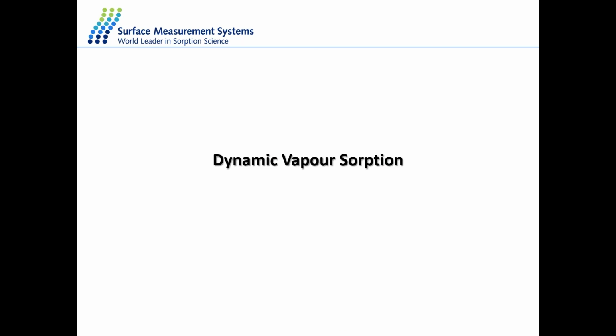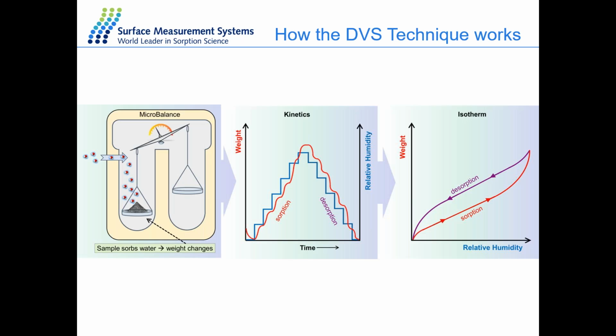And then we will go through each technique individually. The first one is dynamic vapor sorption. As Damiano has already given a really good introduction to the theoretical parts in the previous presentation, I'm not going into detail here. Briefly, DVS is a gravimetric method to measure the mass change of the sample at different relative humidities.